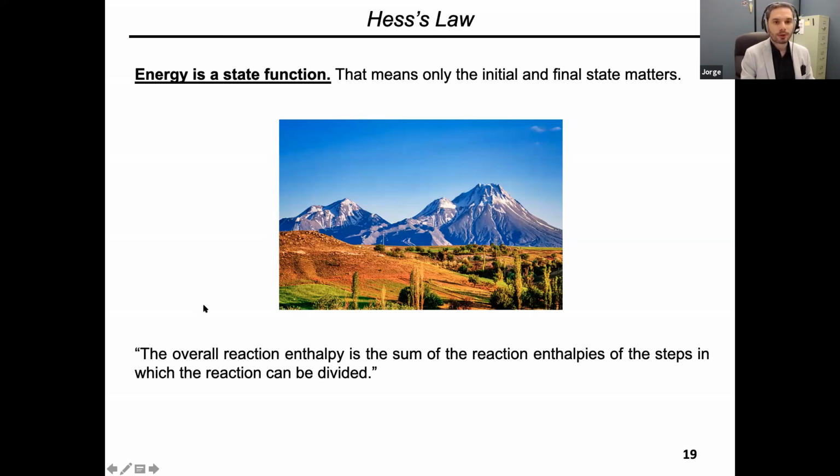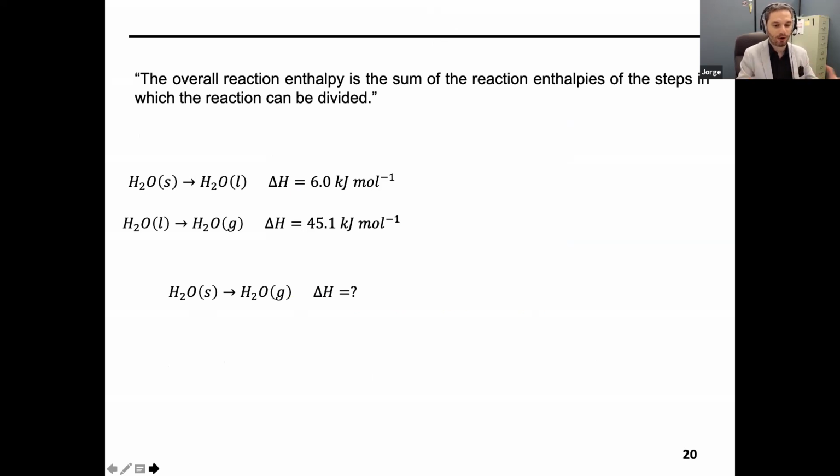Okay, so let's see an example here and see how we can use the Hess's law to get the enthalpy of an unknown reaction. So imagine here that we have a problem and that the goal here is to determine the delta H for the enthalpy of this given reaction shown here.